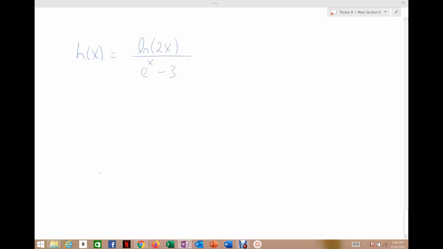I've got my natural log of 2x in the numerator, and since it's a 2x, chain rule, and e to the x minus 3 in the denominator. So the quotient rule, high function, low function. Remember, it's low times the derivative of the high, which requires my chain rule, minus the high function times the derivative of the low, all over the low squared.